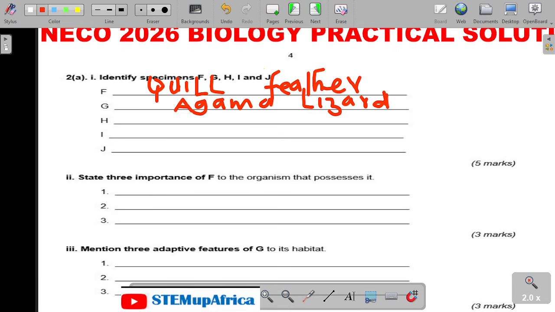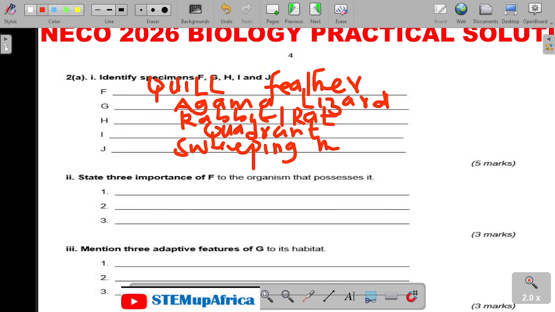Then specimen H, you have the rat or rabbit. Let's use a rabbit, or it can also be a rat. Specimen I, you have the quadrat. And specimen J, you have the sweep net. So follow them through.